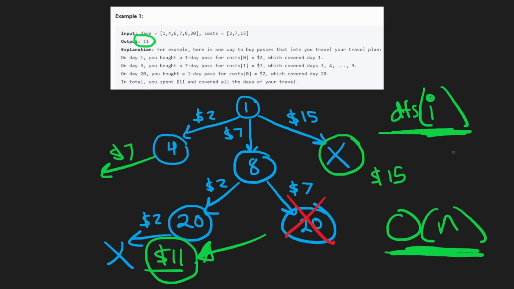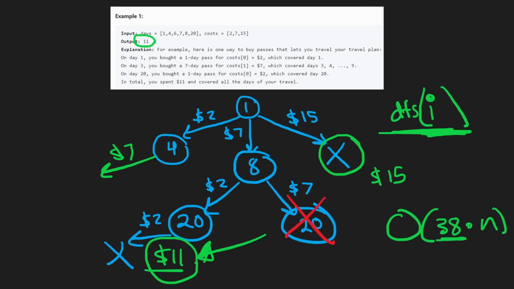But it turns out that the way we're doing it, if we purchased a 1-day pass, we'd only look at the next position and then we'd be good. If we purchased a 7-day pass, then we'd have to potentially look at the next 7 positions of the array. If we purchased a 30-day pass, we'd have to potentially look at the next 30 positions of the days array. So technically, the actual time complexity of this could be not n, but rather 38 times n.